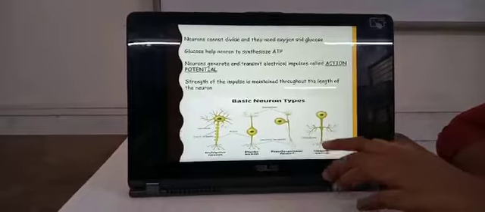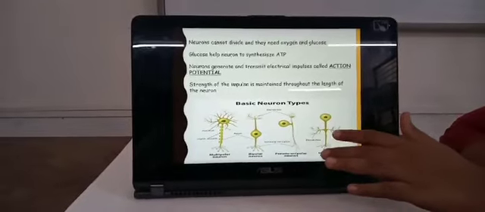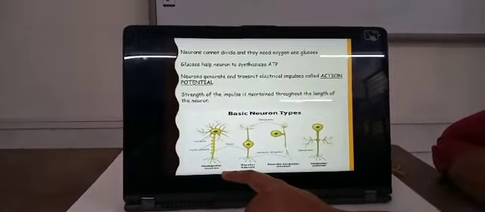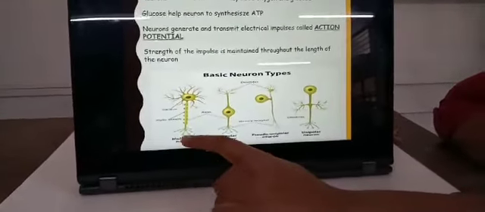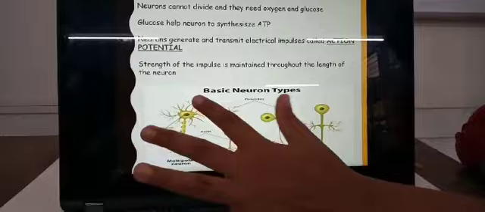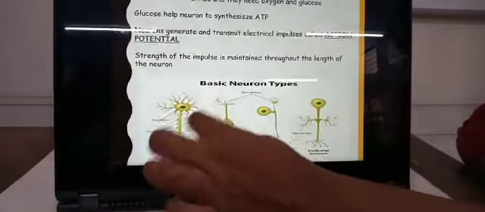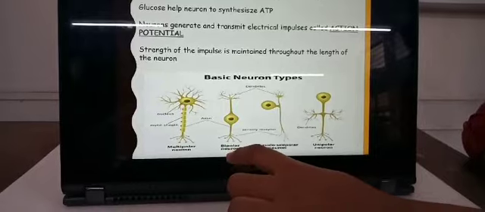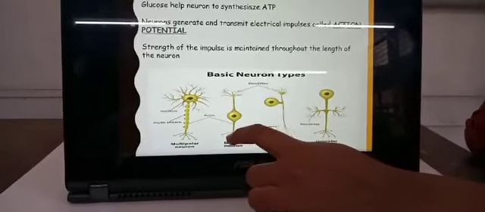There are different types of neurons. The first one is the multipolar neurons, as in it has got many poles, all these different poles. Okay, and then you have the bipolar neurons, which have two poles.